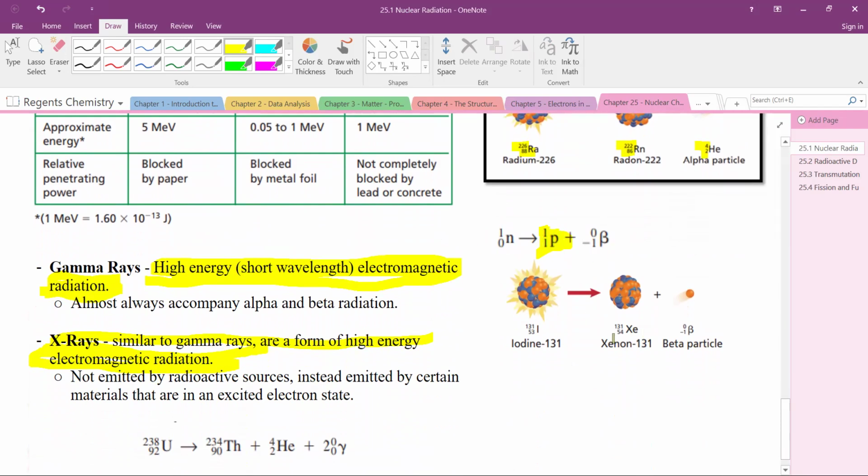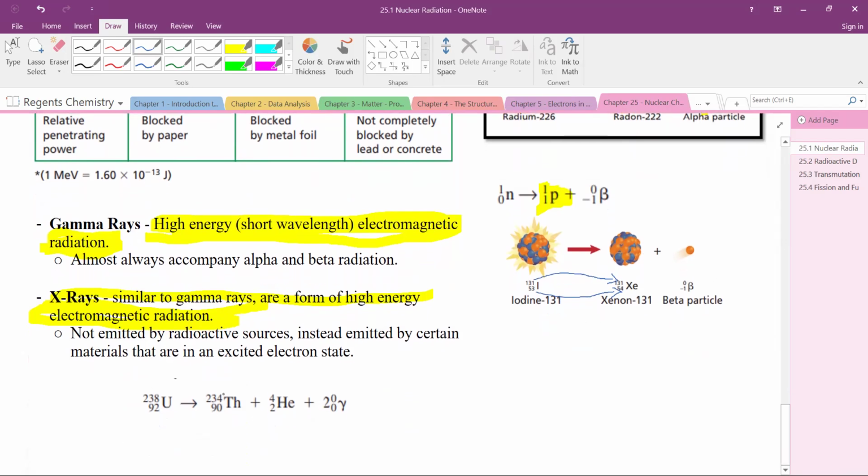So it's going to increase our atomic number by 1. This iodine goes from iodine to xenon. So it increases the atomic number by 1 as the atomic mass stays the same, because a proton and a neutron have the same amount of mass. So if I swap a neutron for a proton, it won't actually change the mass. And I will, of course, produce my beta particle here.